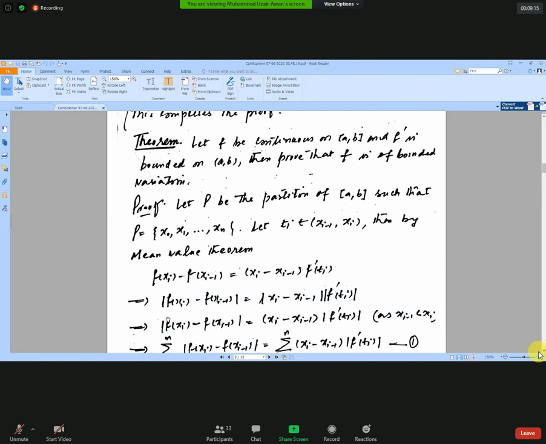So mod ले लें both sides, we have mod of f of xi minus f of xi minus 1 which is equal to mod of xi minus 1 mod of f dash of ti। ठीक हो गया?